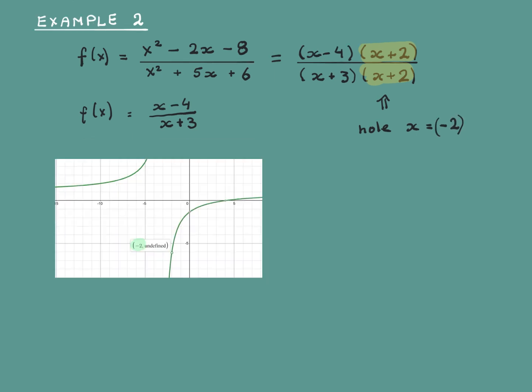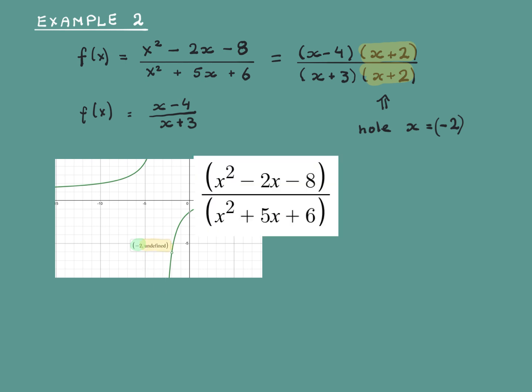And I can illustrate this by showing you this graph, where you can definitely see that at minus 2 we've got an undefined point. Please note this very carefully. This is the graph of the function (x squared minus 2x minus 8) over (x squared plus 5x plus 6).